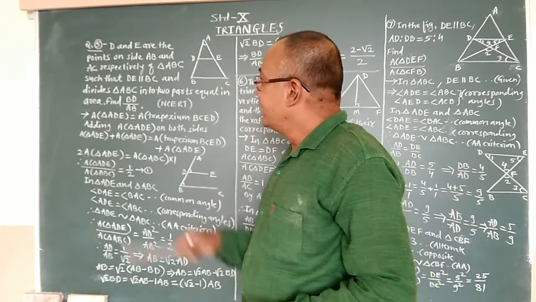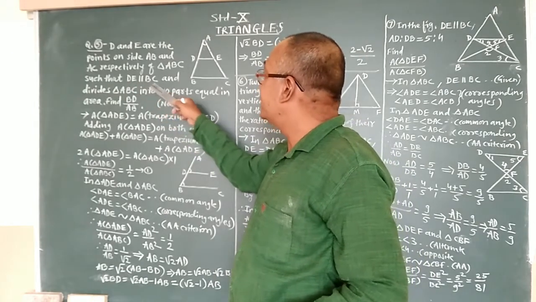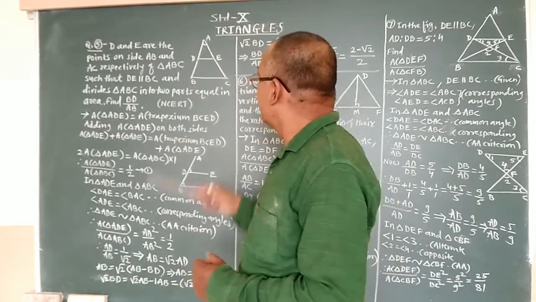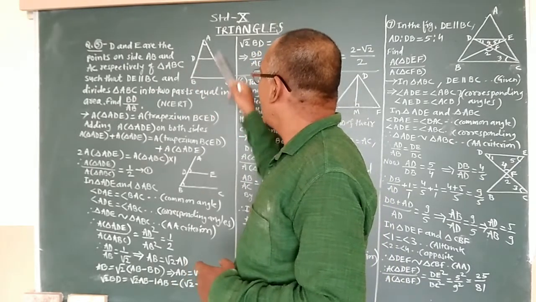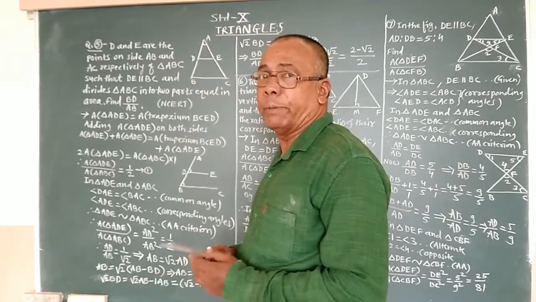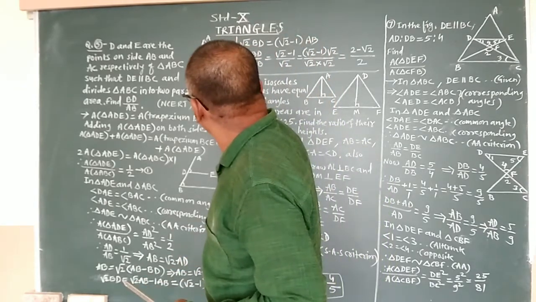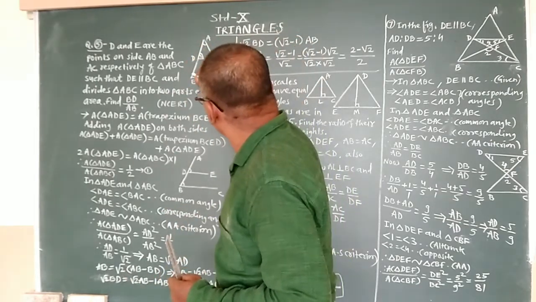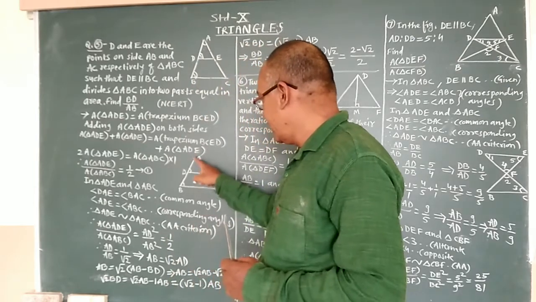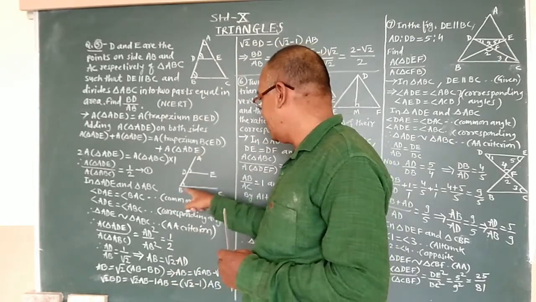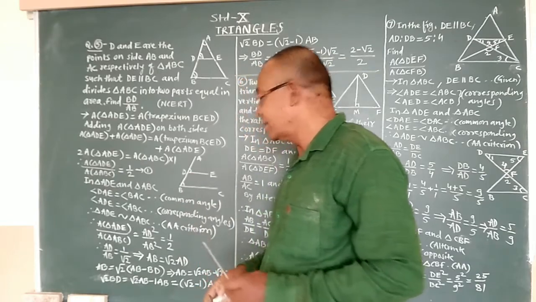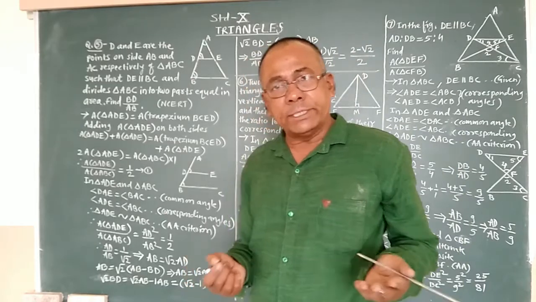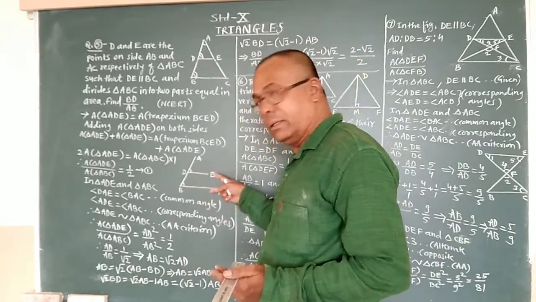Now, it is given that DE is parallel to BC, and if both the lines are parallel and AB is the transversal of these two parallel lines, then angle ADE and angle ABC are corresponding angles, and the corresponding angles are always equal if the two lines are parallel.